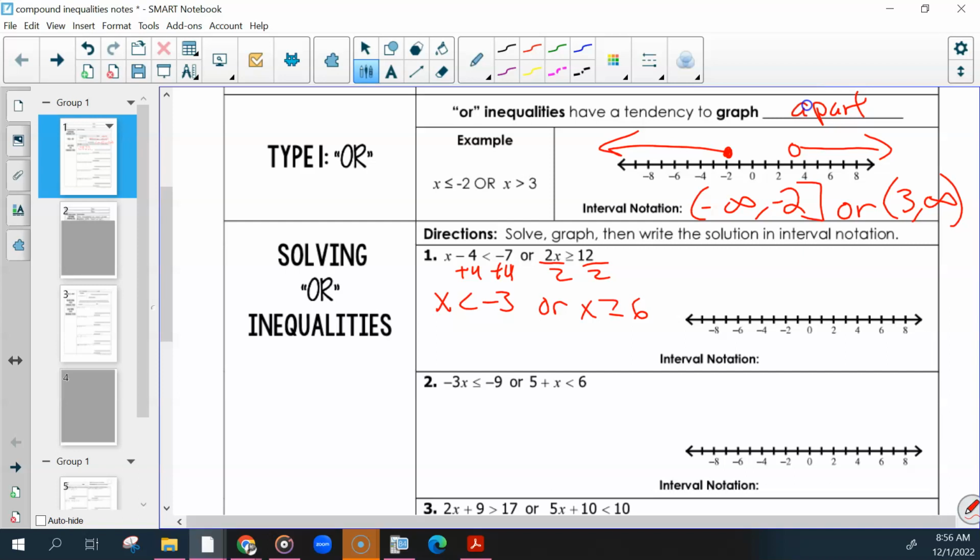Make sure you have that or in between them. Graph them both. So open circle at -3, going to the left. Closed circle at 6, going to the right.